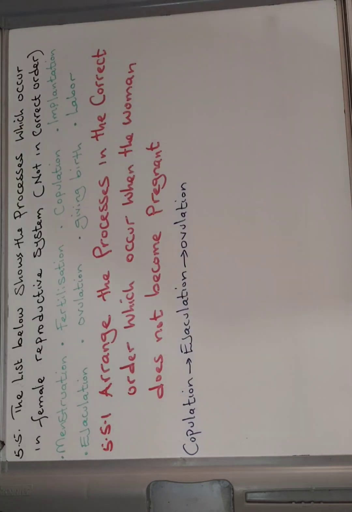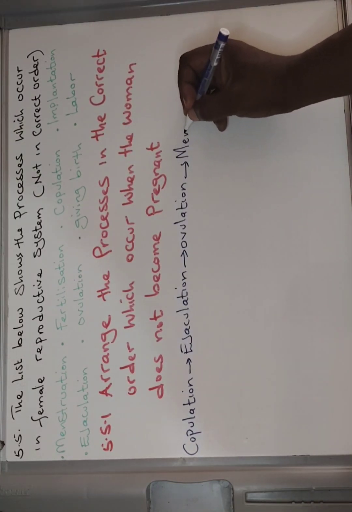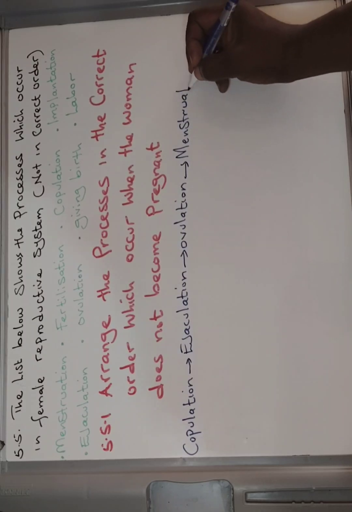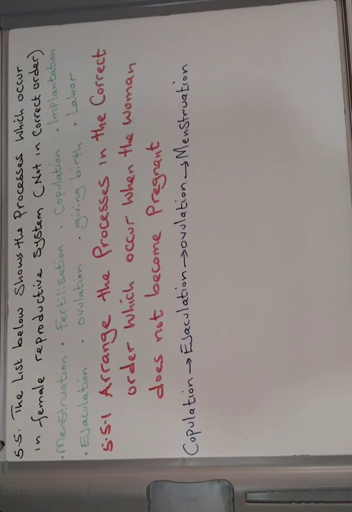What is going to happen is menstruation. When you are grown up, you realize that menstruation is a sign that somebody is not pregnant. So those are the steps which occur when a woman does everything she is supposed to do and she doesn't become pregnant.